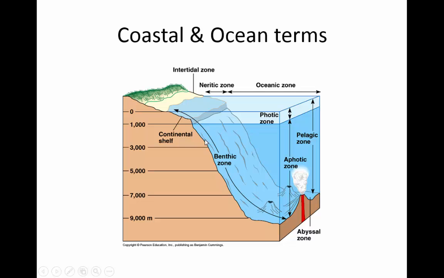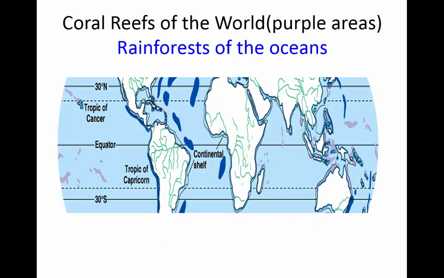And then, of course, we have the coral reef. And the coral reefs are also very rich in biodiversity. They're often called the rainforests of the ocean, because you have a lot of places for organisms to grow and hide, and a lot of symbiotic relationships exist there.